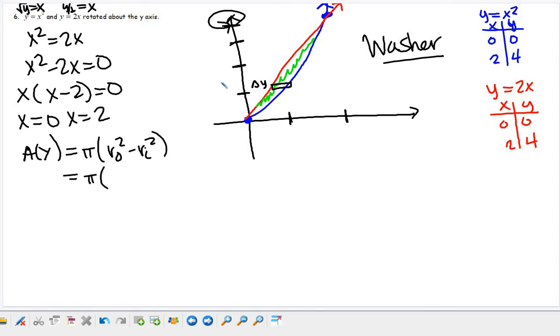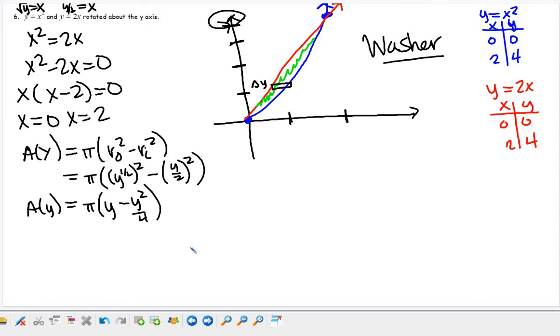So pi times, my outside radius is the farthest function, which is the blue function, which would be y to the 1/2 squared minus my inside function, which is red, which would be y over 2 squared. So A of y is equal to pi times y minus y squared over 4.